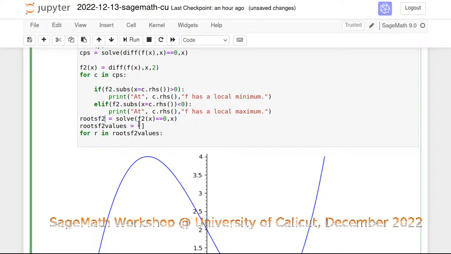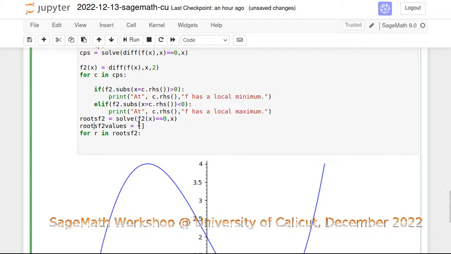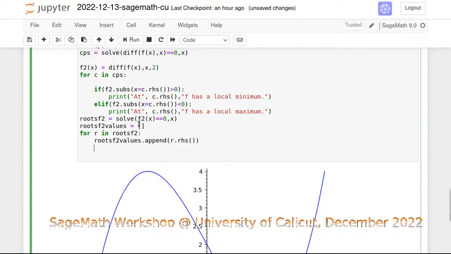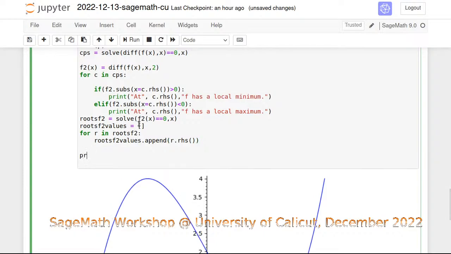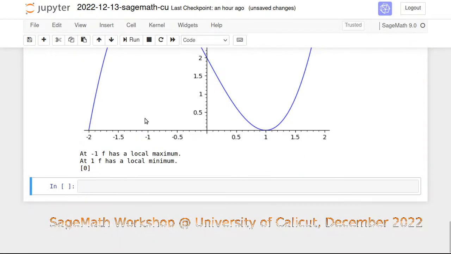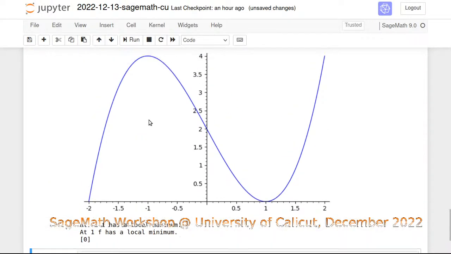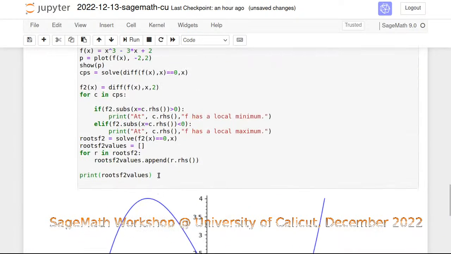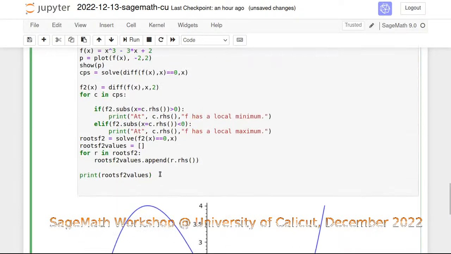Now fill it with values. So what are the values? Print. So it's 0. Let's plot it.